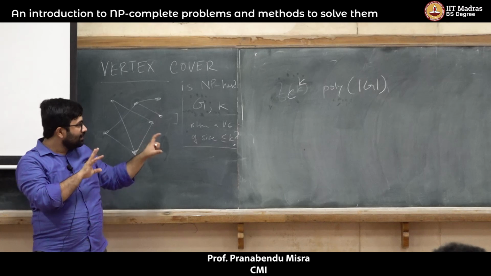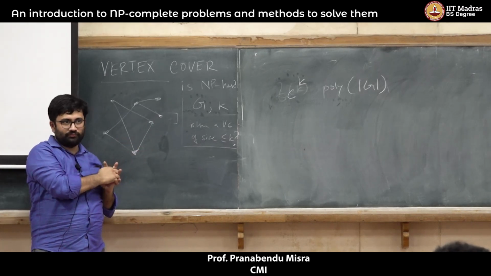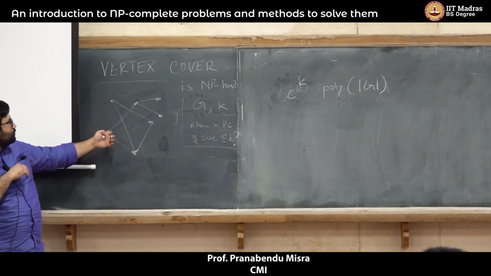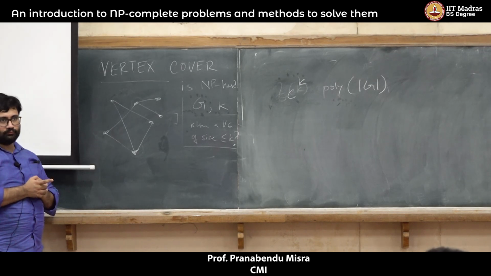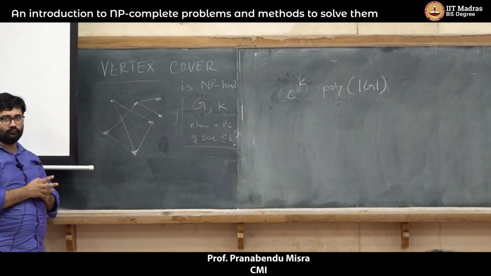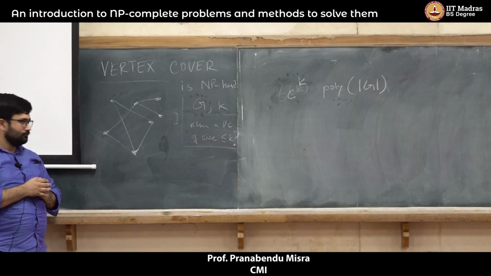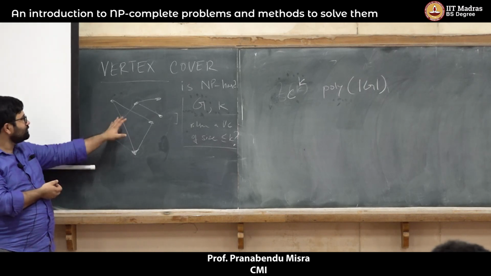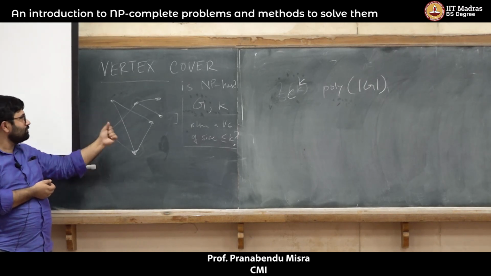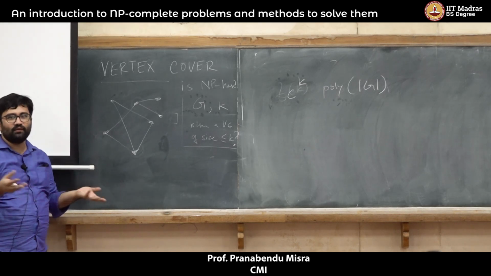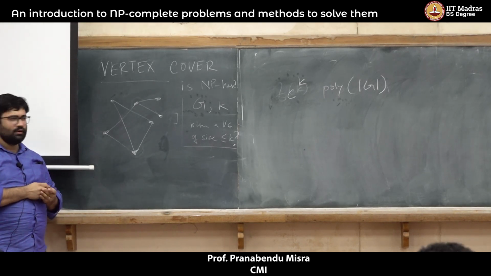It's no longer allowed to find a slightly larger solution. So what would be the best approach, or any approach? Suppose I just give you this graph, how will you decide if the graph has a solution of size k or not? What would be the obvious thing?